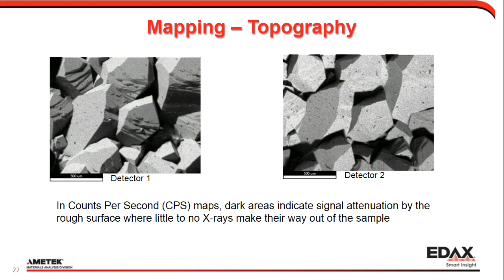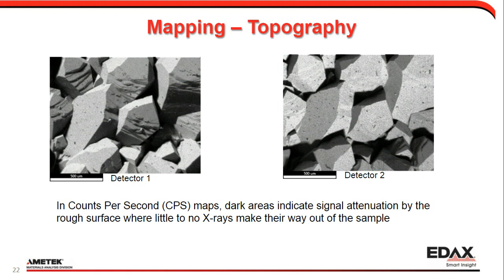And I have the counts per second maps shown here from detector 1 on the left and detector 2 on the right. Again, the dark areas in a counts per second map is where you get low X-ray counts or no X-ray counts. And in this case, that would be caused by detector shadowing, that your X-rays are generated, but they have to pass through parts of the sample, so they never make it out to the detector.